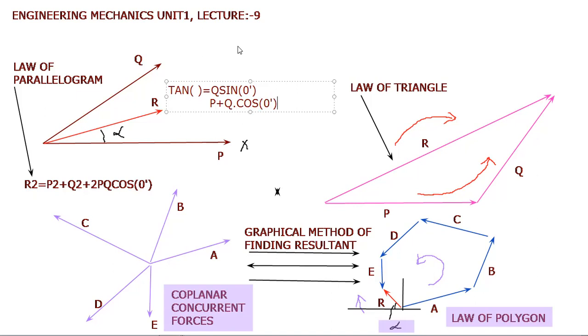So this is the formula for finding the angle made by the resultant with the horizontal x-axis in the law of parallelogram. This formula we basically use in the law of parallelogram. This is nothing but to find the tan of alpha.